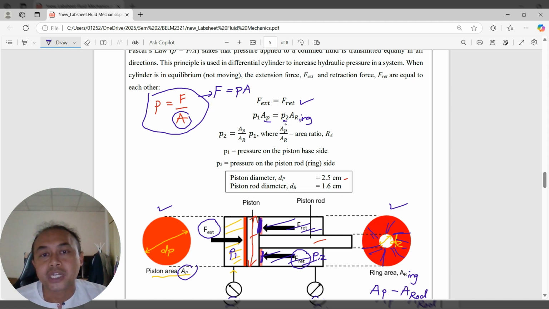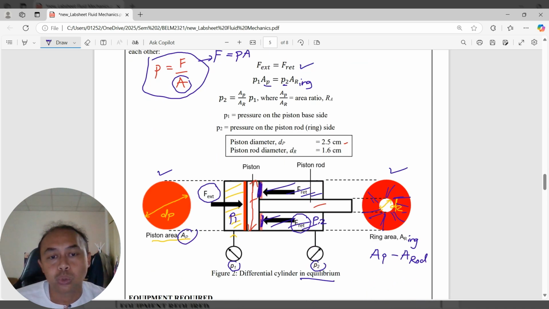So when we rearrange this, we finally will get the pressure P2 here is actually equal to P1 multiplied with the ratio between areas AP and AR.